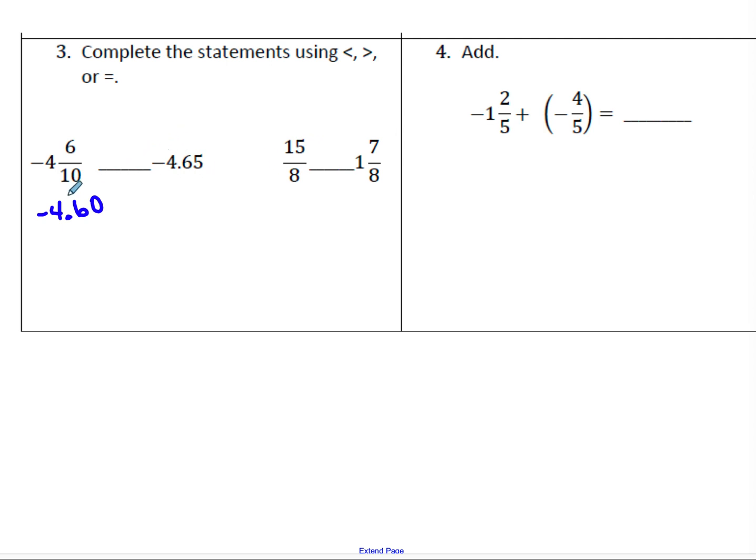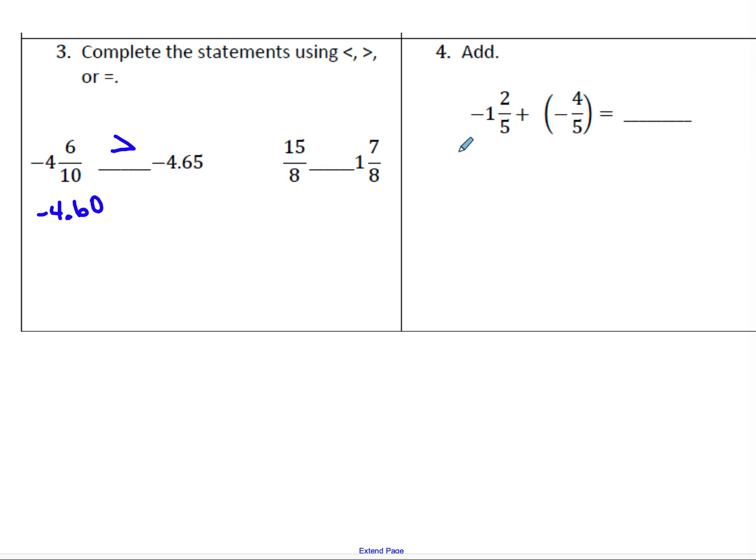Okay, the 4s are the same. The 6s are the same. So now I'm comparing the 0 and the 5. If they were positive, 5 would be bigger, but they're negative. So actually 5 is farther away from 0. It's going to be the smaller value. So -4 and 6/10 is greater than -4 and 65 hundredths.